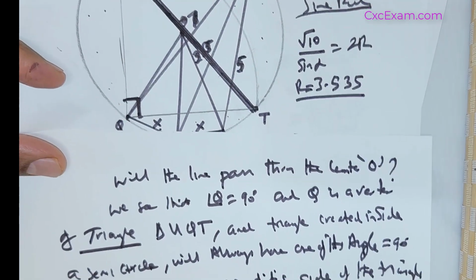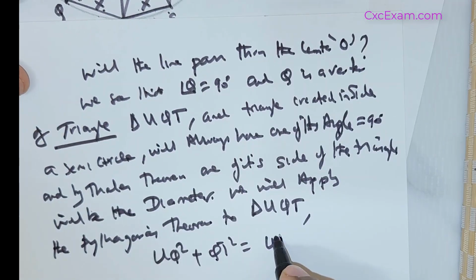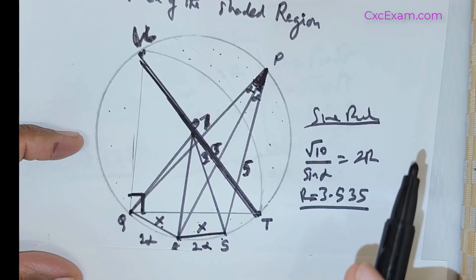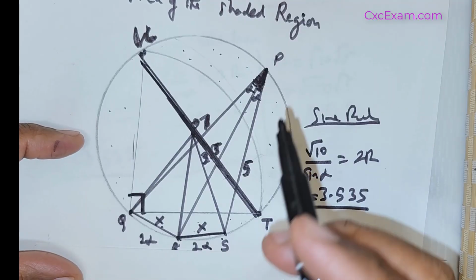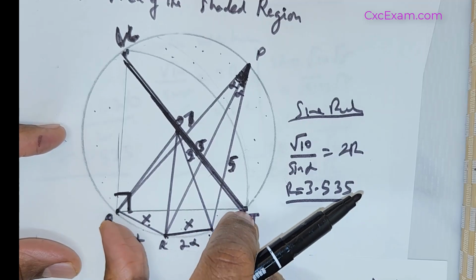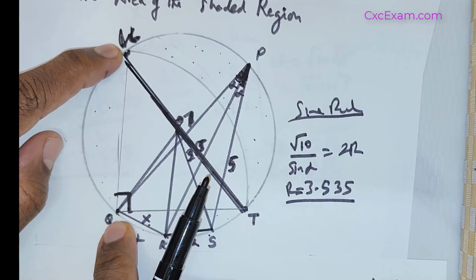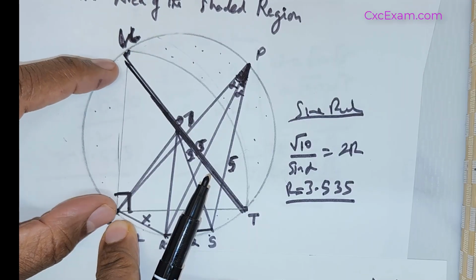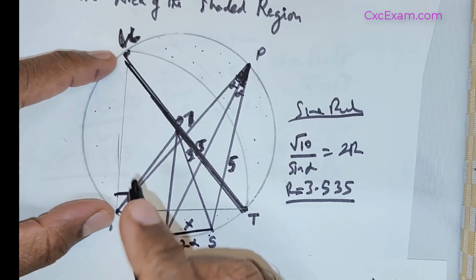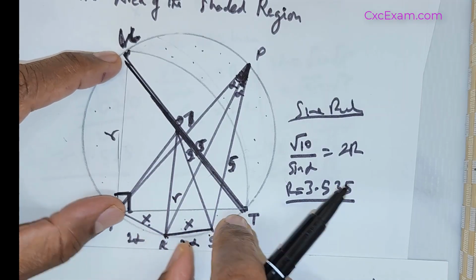UQ squared plus QT squared is equal to UT squared, isn't it? Yes or no? Fair enough, right? Now watch here, what is QT? QT is the radius of the quarter circle. And what is UQ? UQ is the radius of the same quarter circle. Alright, so this is R and this is R, right?